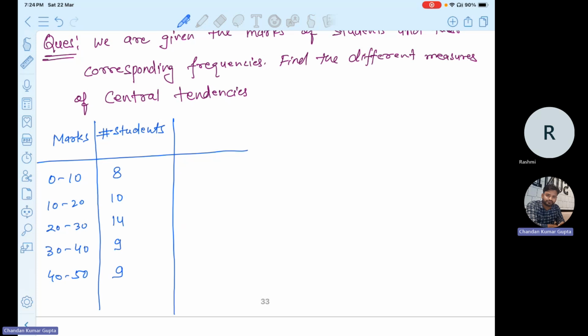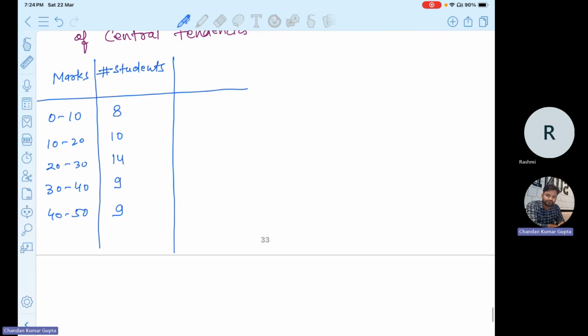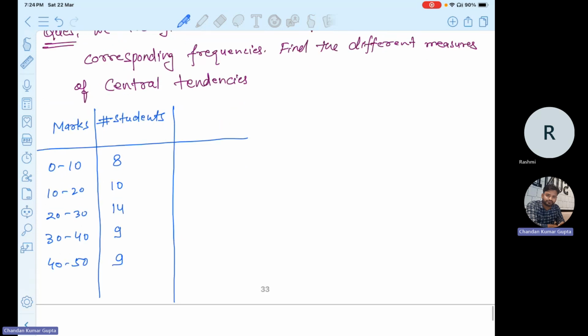Now we need to find the different measures of central tendency. That means we need to calculate mean, median, and mode actually. So let's start with the mean. Since marks are given as classes, the xi will be the mid value of the class marks. So 0 to 10 means 5, then 15, 25, 35, and 45.